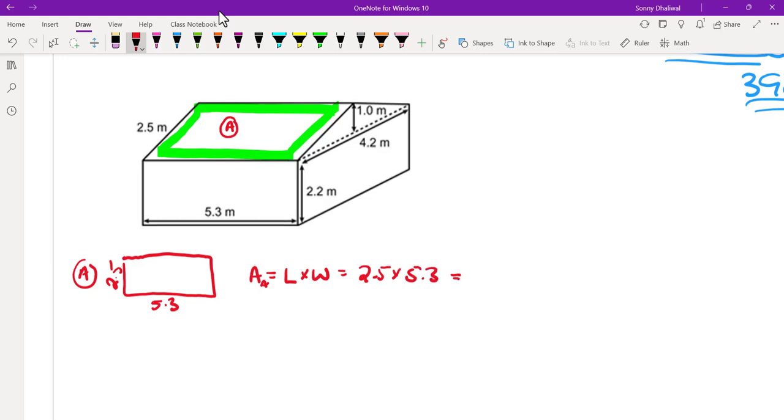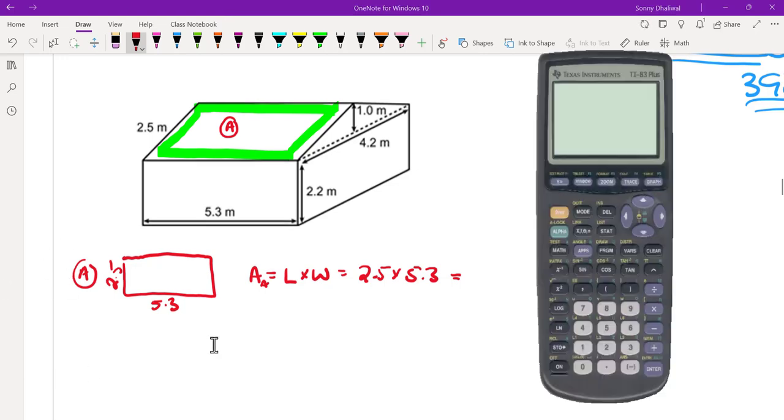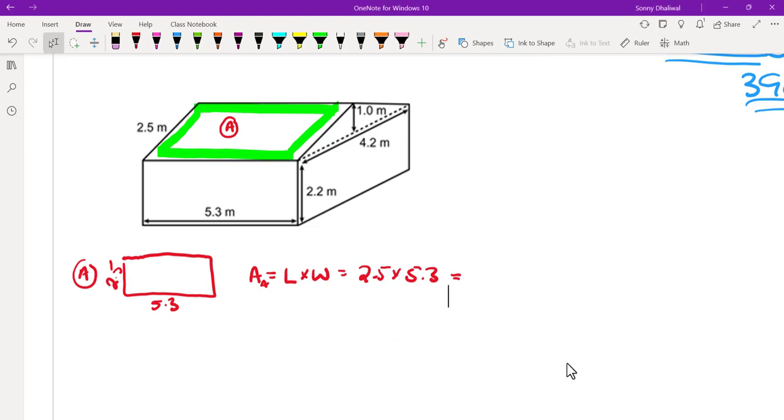We grab our calculator and come up with that number: 13.25.